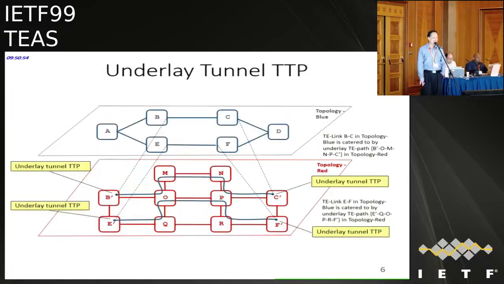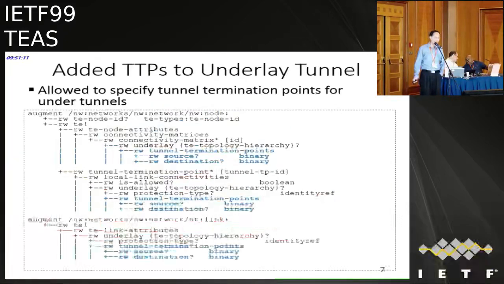We also improved the modeling for the underlay tunnel termination point. Now we want to specify the two end points of the underlay tunnel, so for that purpose we added the tunnel termination point for the underlay source and destination.